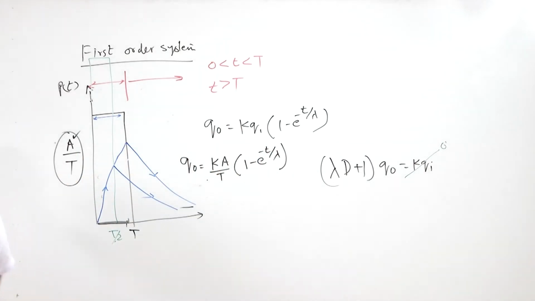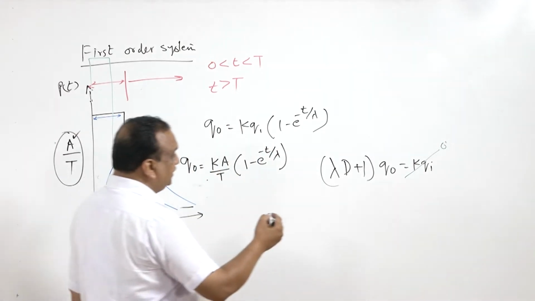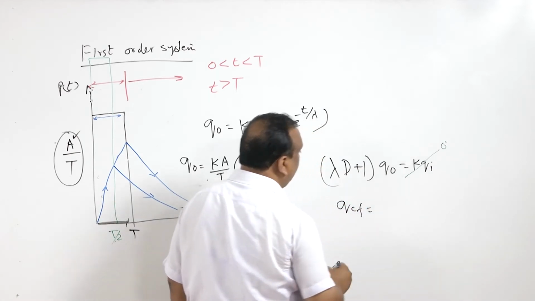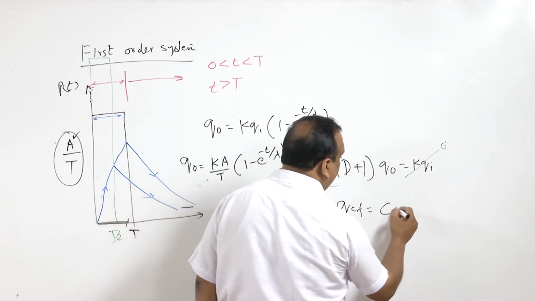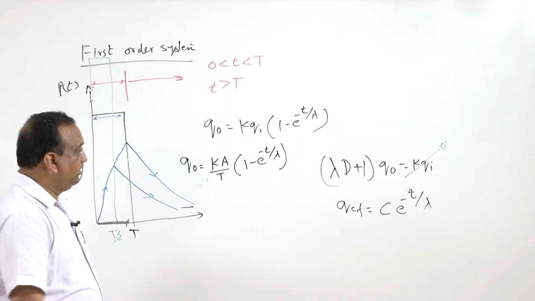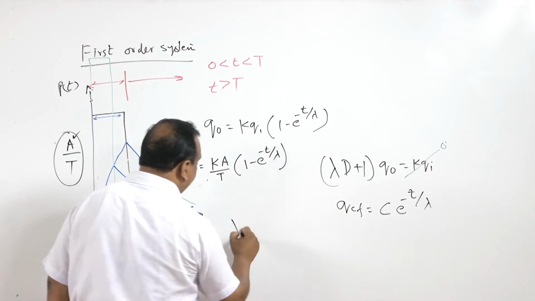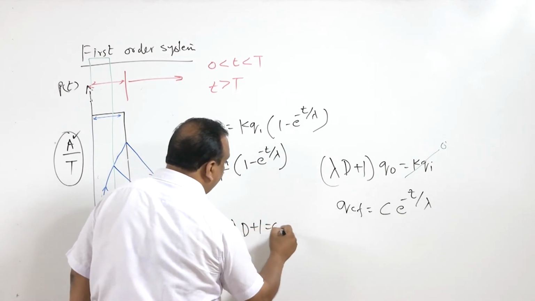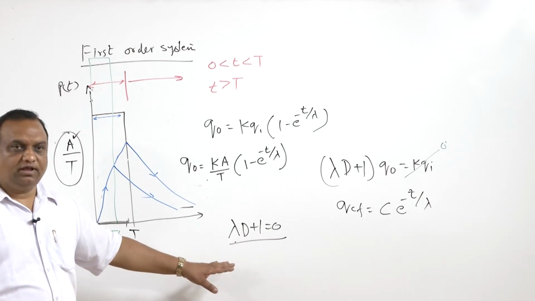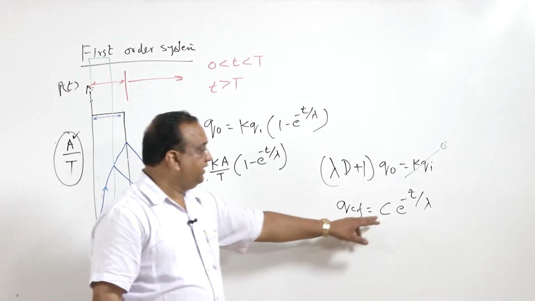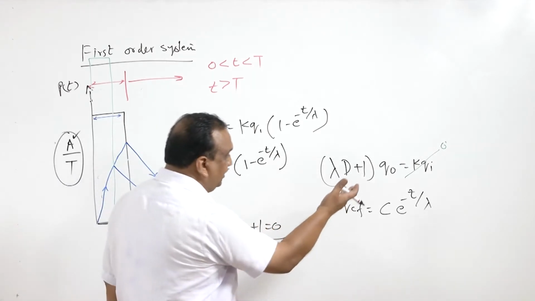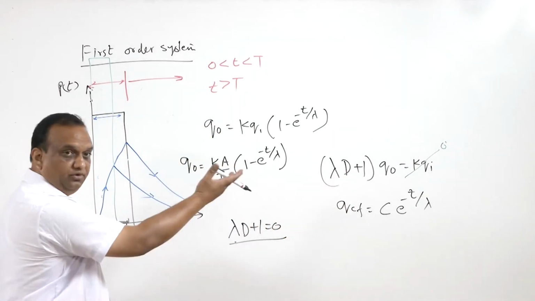When this is 0, then the complementary function is going to be equal to c e raised to power minus t by lambda. Because lambda d plus 1 is equal to 0, and this equation will have only one root, and for one root the complementary function is going to be like this. Now, particular integral will not be there because this side is 0.